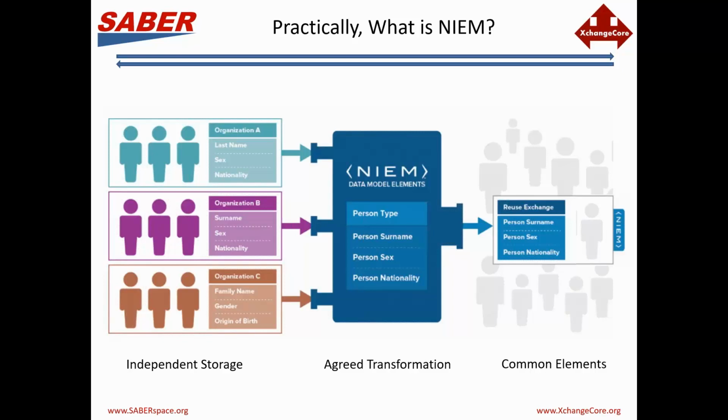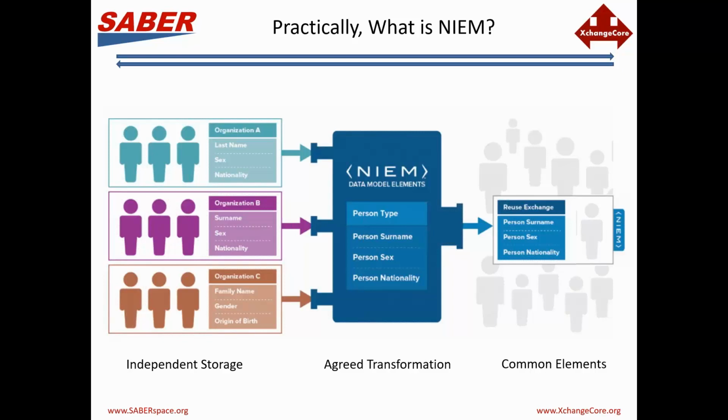And the guy down at the bottom says, family name is person's surname. So that when it comes out the other side, when I have made my transformation into these common elements, everybody's going to be able to look at it and say, I understand. Person's surname matches my last name.